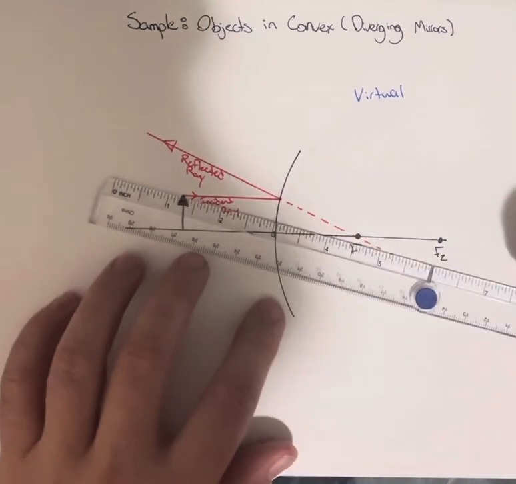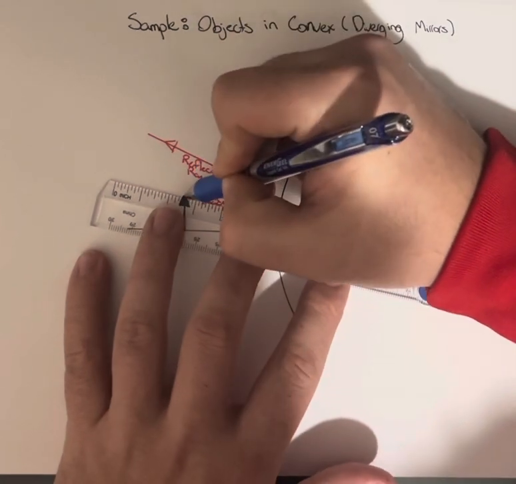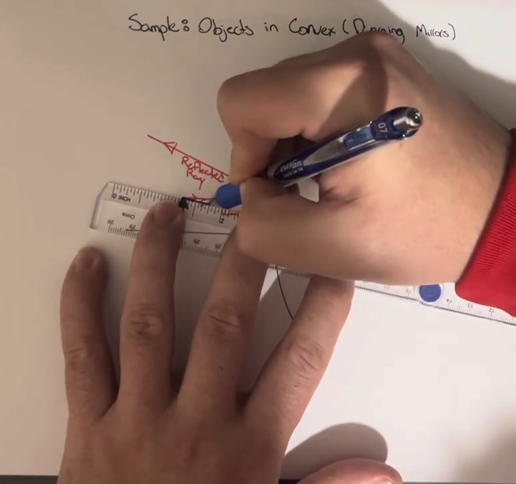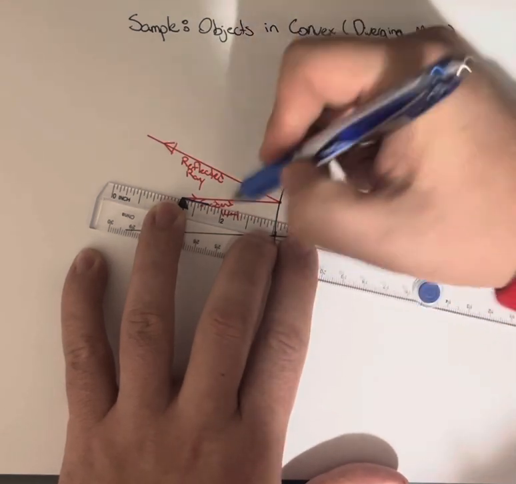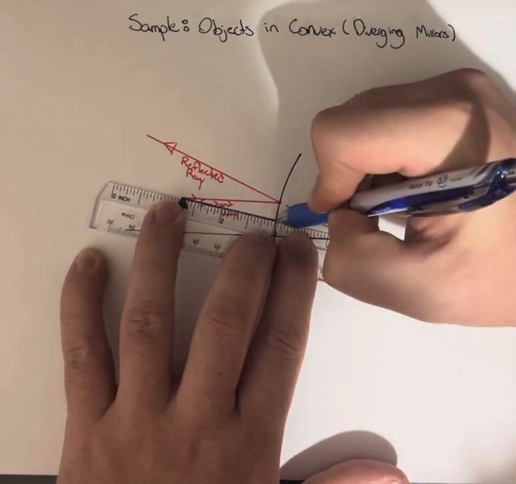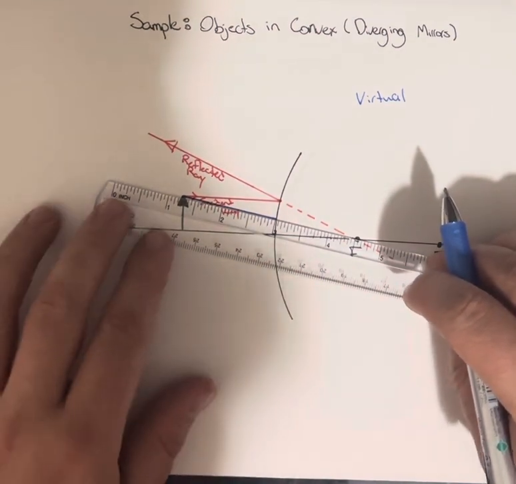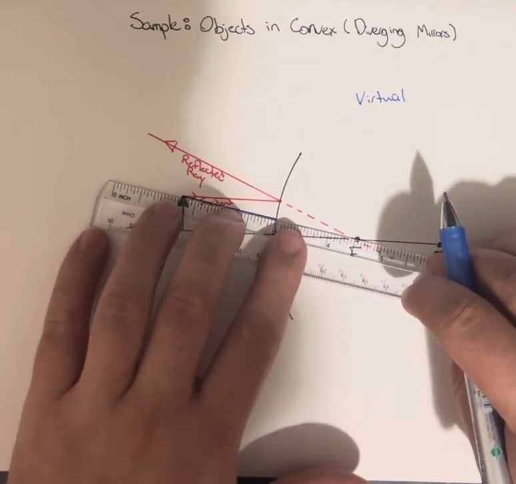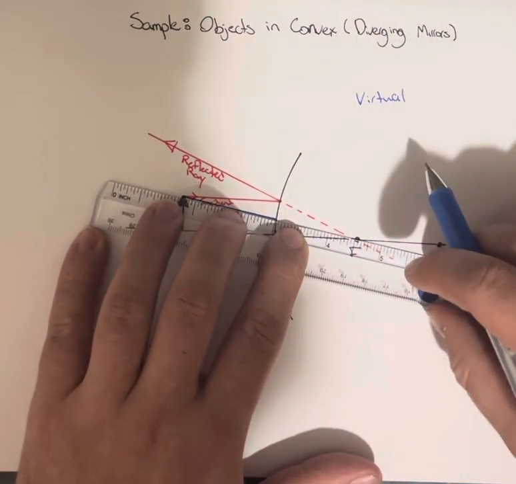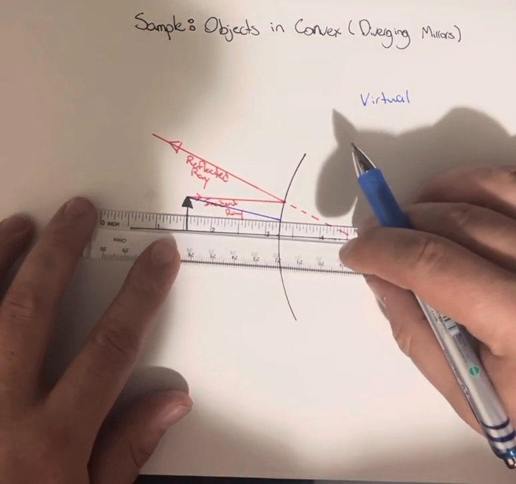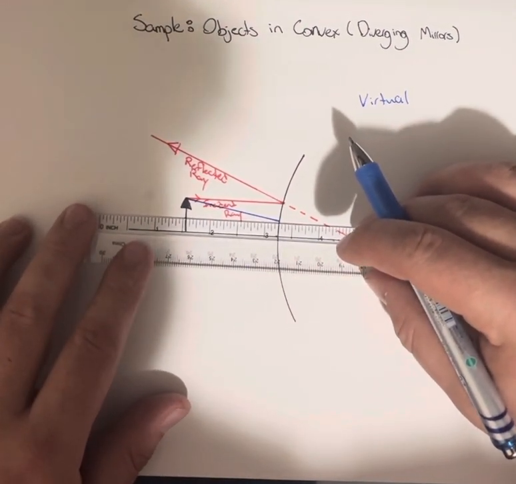So I will take my line, starting at the point of the object, and draw my incident ray traveling towards the mirror as if it were to go into that focal point. Now, once we get to this mirror, we know that it is no longer going to be able to pass through that mirror. So instead, it is going to be reflected off of the mirror, again, parallel to the principal axis.